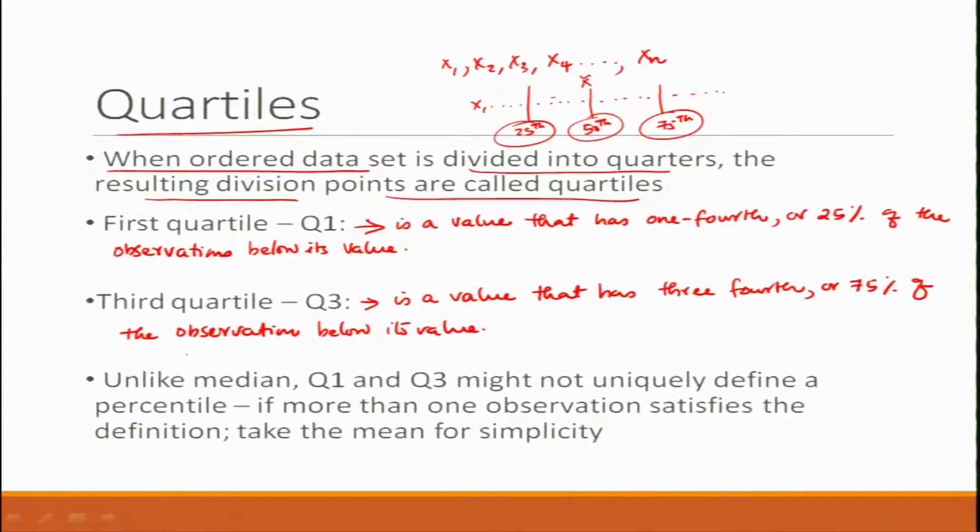Another way to think about it is that Q1 has 75% of the observations above it, and Q3 has 25% of the observations above it.